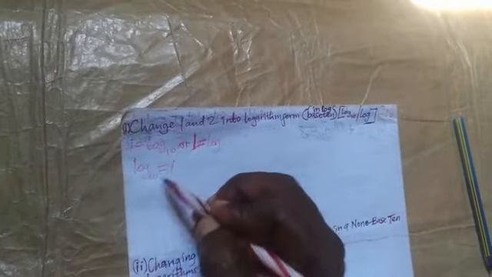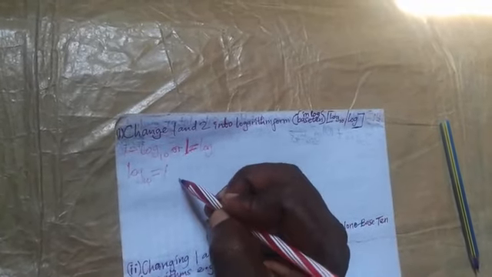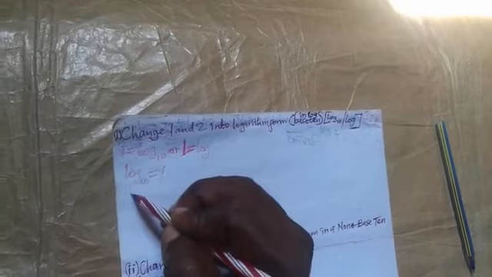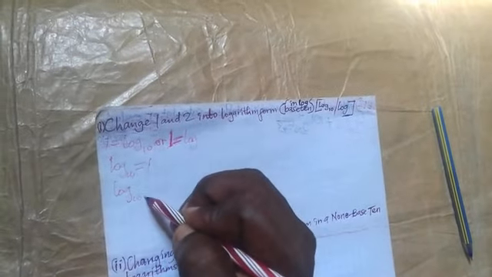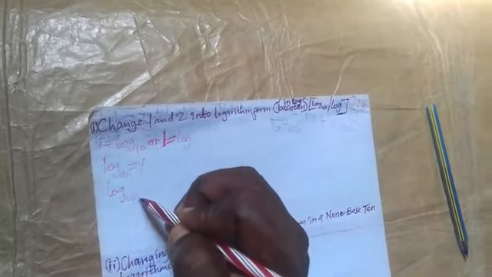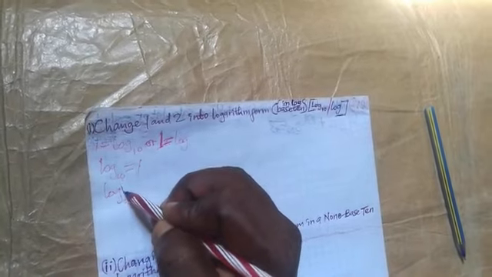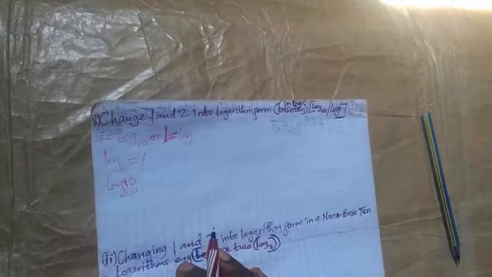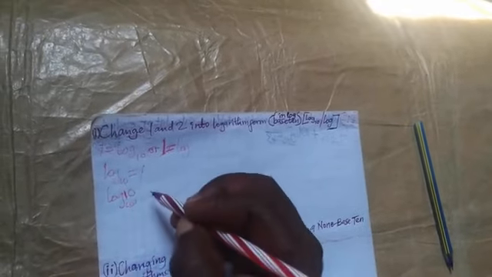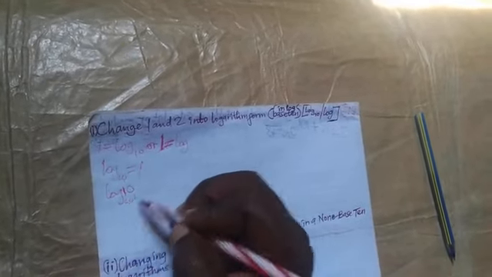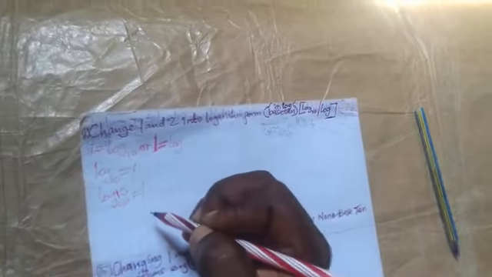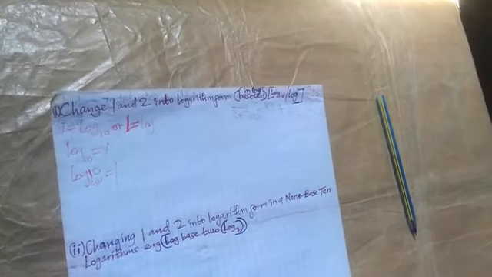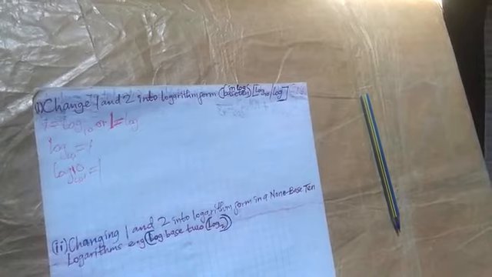Now if 10 becomes the number here, this will be equivalent to log 10 base 10 is equal to 1.